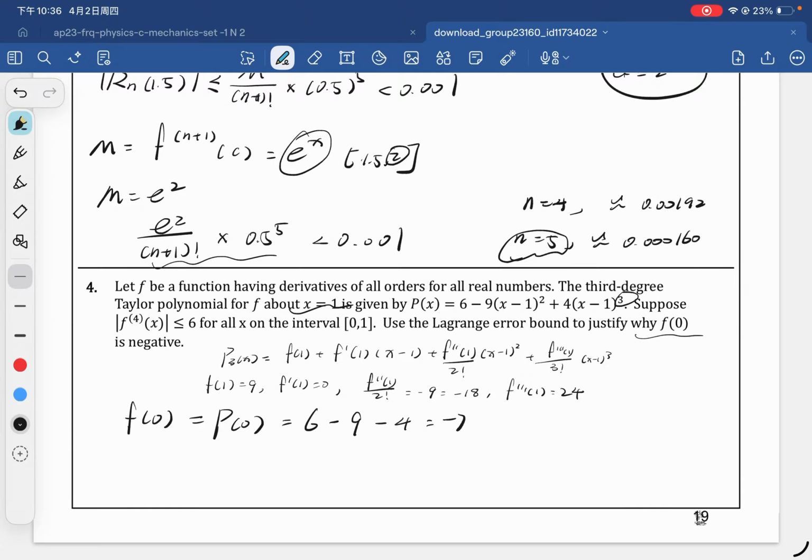But we still have to add the error to it. We still need to add the error so that we can estimate the upper bound and lower bound using the Taylor inequality.